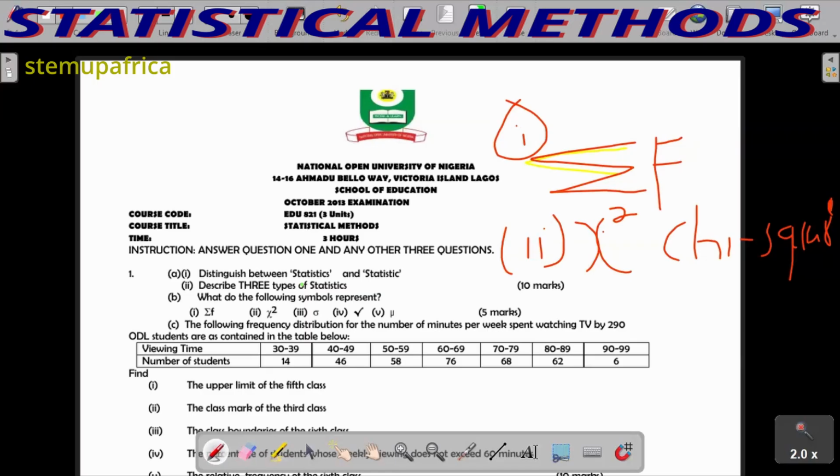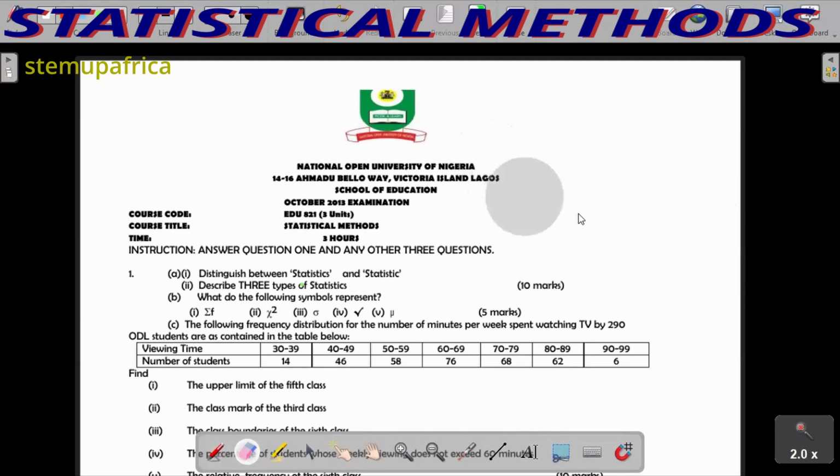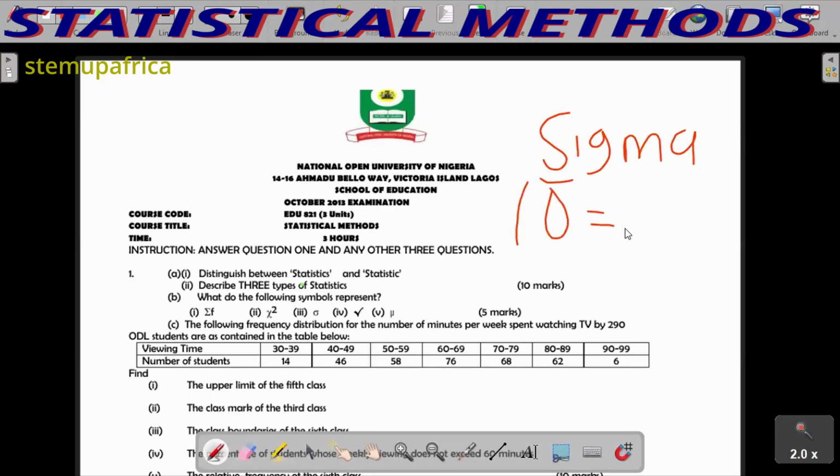Then the number 3 is called sigma. That symbol represents sigma. It represents standard deviation.